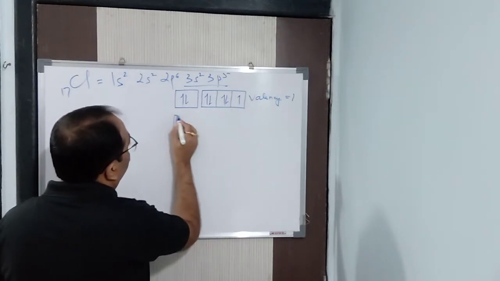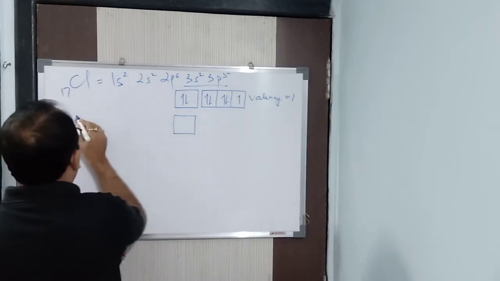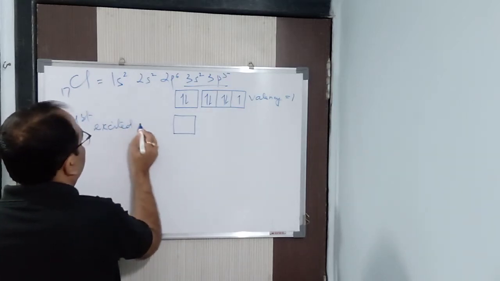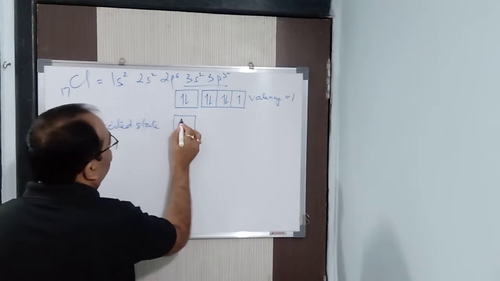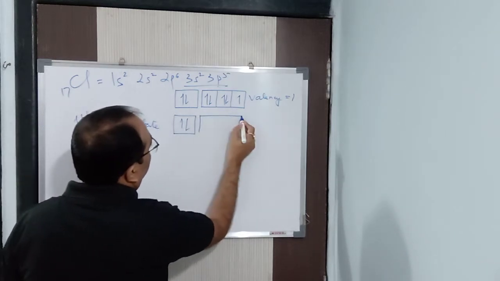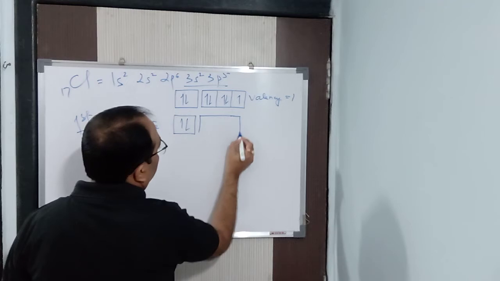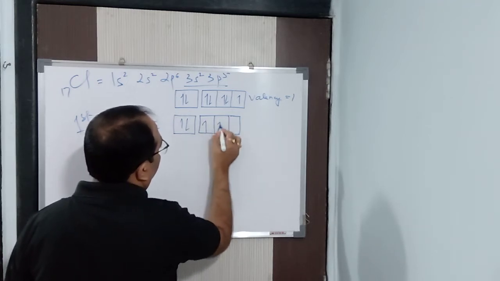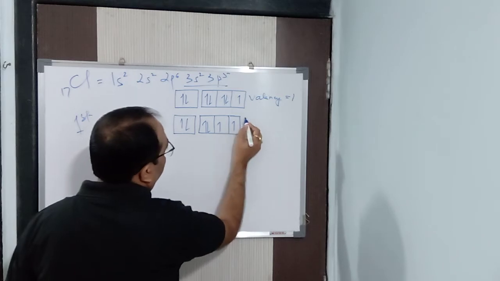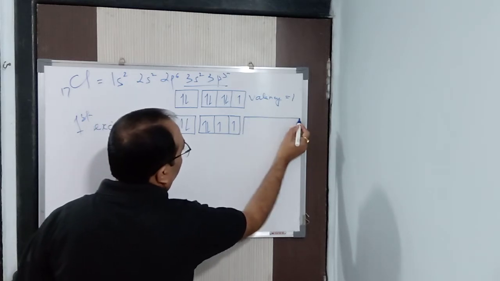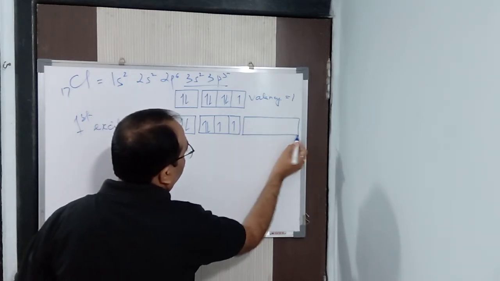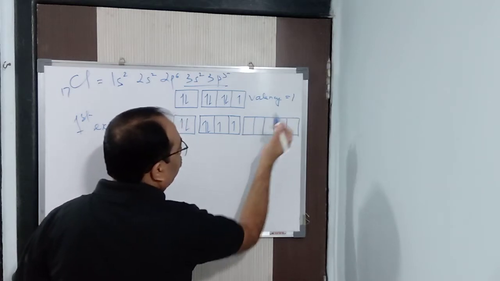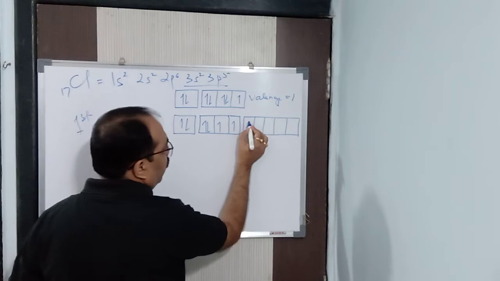There are 2 electrons here, 6 electrons here, 5 electrons are there, 1, 2, 3, 4, and 1 electron from here will go to the vacant d subshell. d has 1, 2, 3, 4 and 5. So 1 electron will go here.